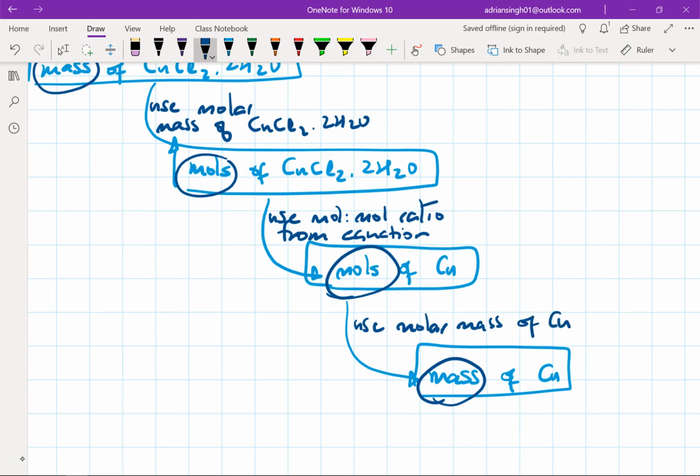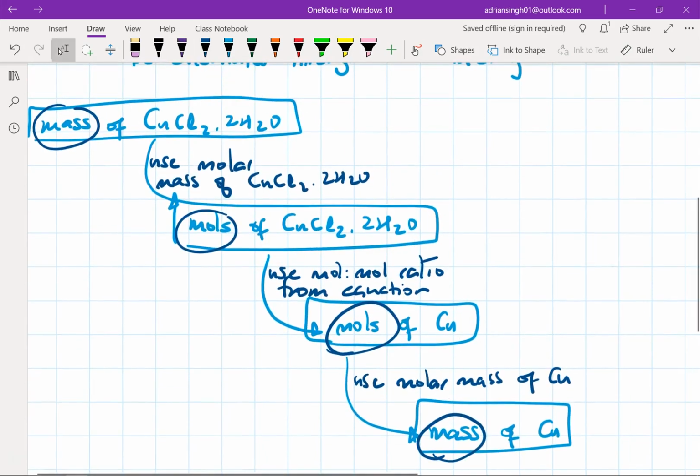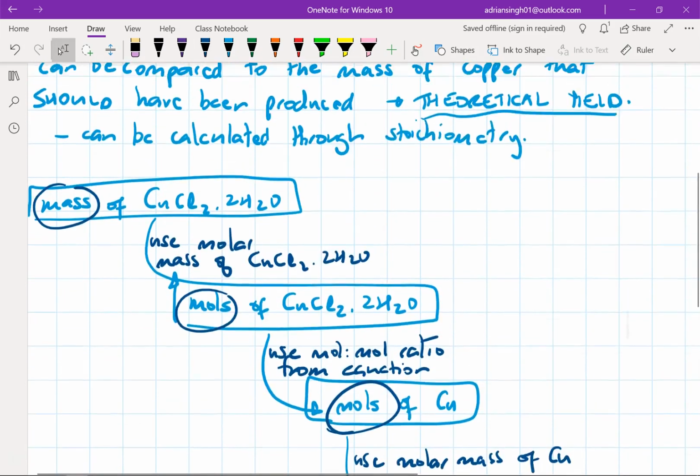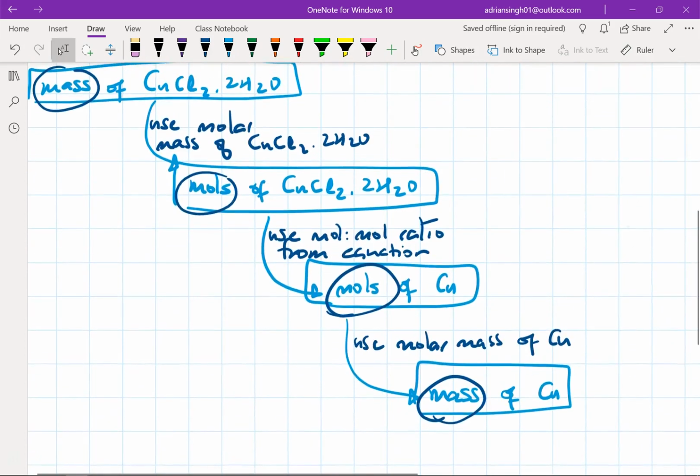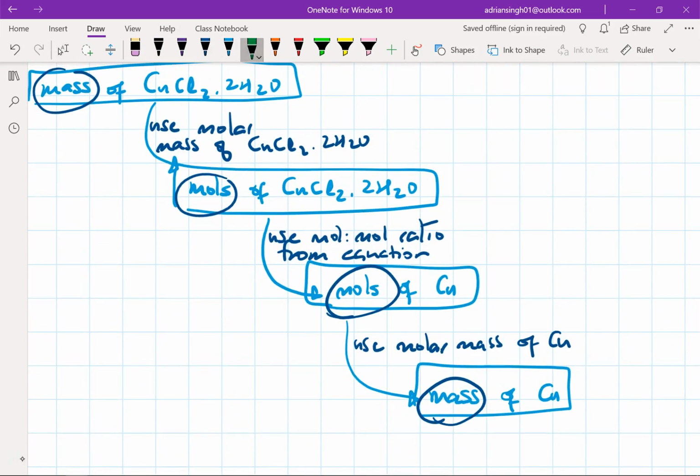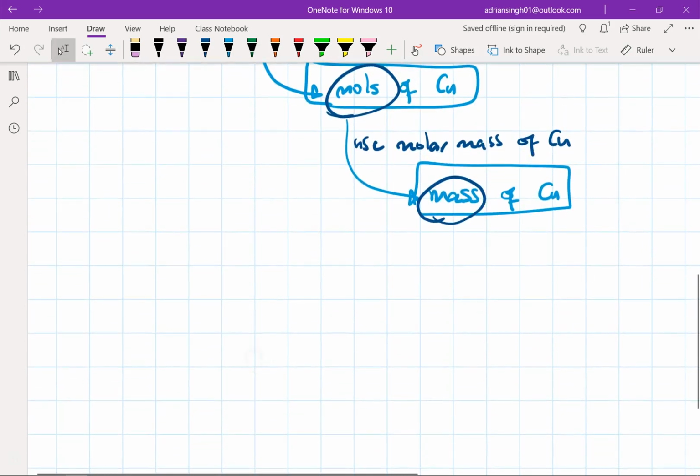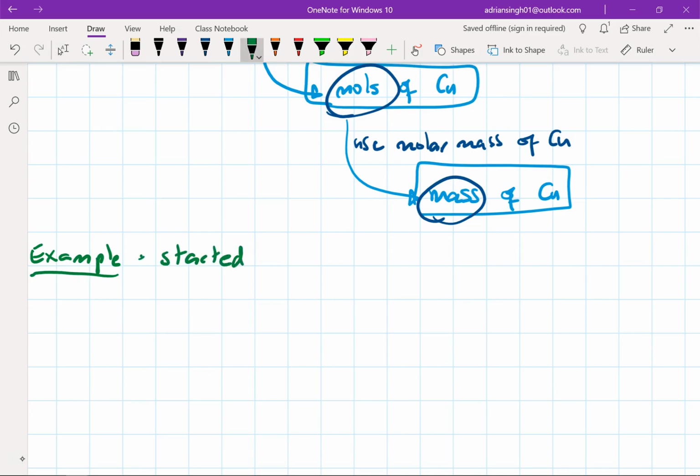All right, so if we take this pathway here, we can go ahead and set it up. I'm just going to make up a number for the mass of copper that we used. For example, if you measured out, and your number may vary, let's say you used, I'm just going to use a very different number than what you have.